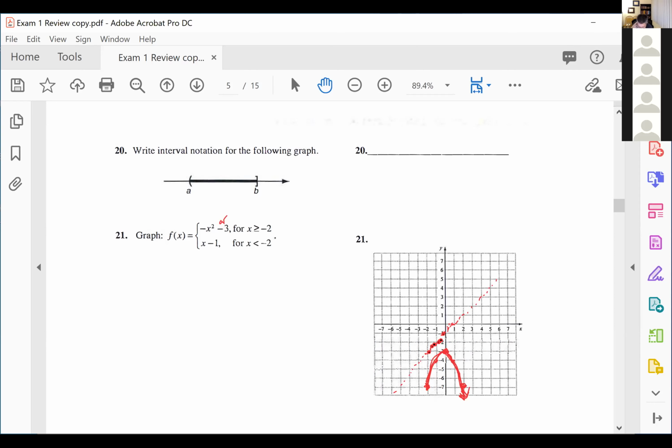But this is only valid if it's going this direction. So something like that. You can get rid of this if you wanted to.